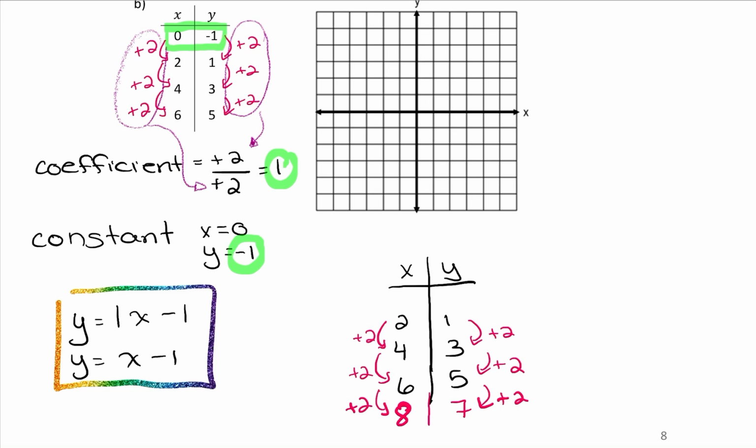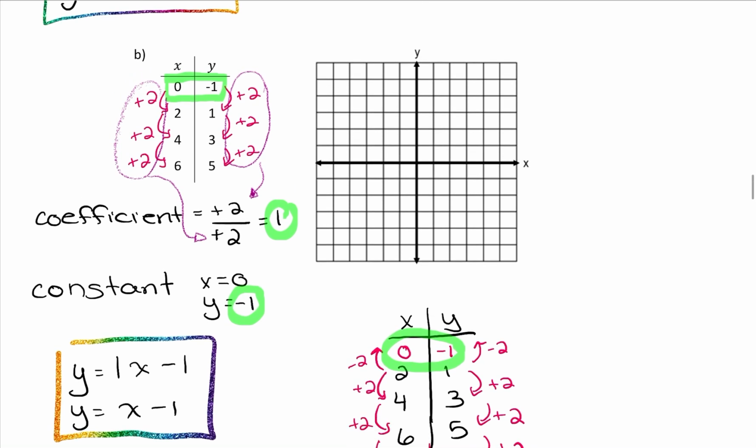If I'm going backwards, instead of adding 2, I need to subtract 2, which fortunately gets me to 0. That means I have to subtract 2 here, which also gets me negative 1. So I get the same answer. Sometimes, if you don't have the 0 there, you might need to use your pattern to add some more numbers to find it. All right, let's plot these points now.